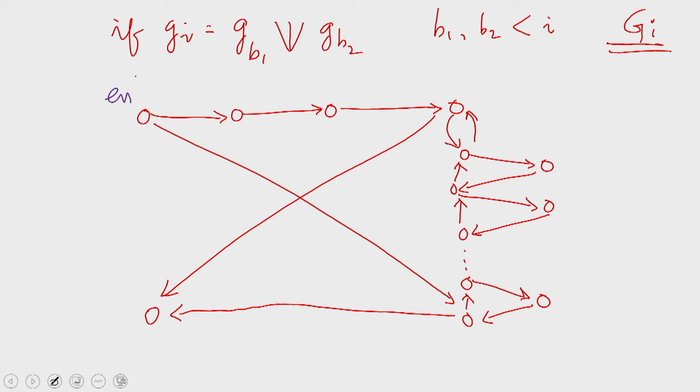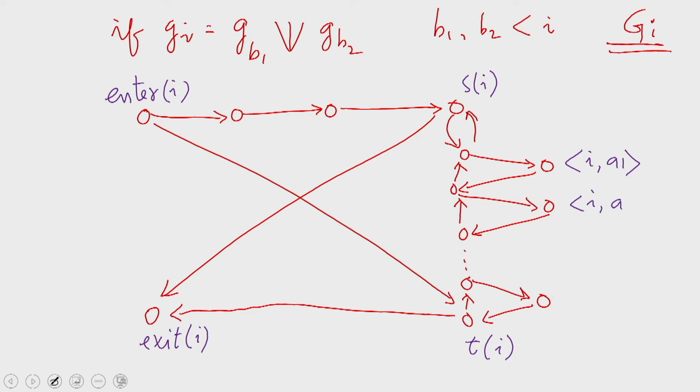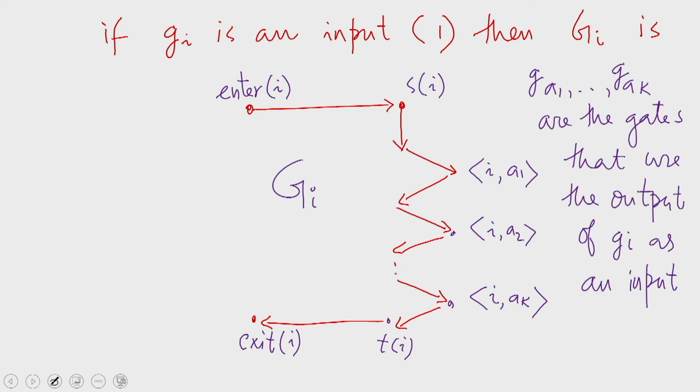This is vertex enter I, this corner as before is Si, and this corner as before is Ti, and here we have exit of I. This is as before IA1, this is IA2 and so on, and this is IAK. These vertices are numbered exactly as in the previous case.